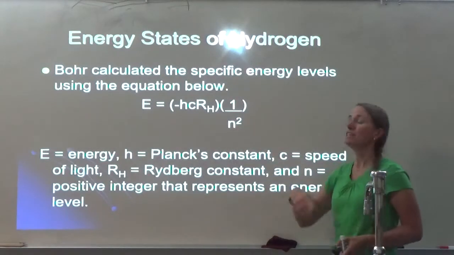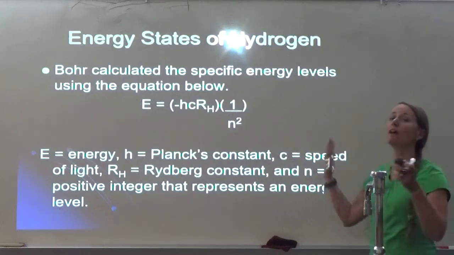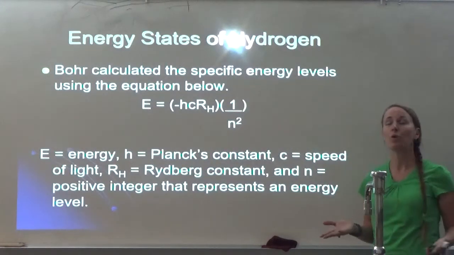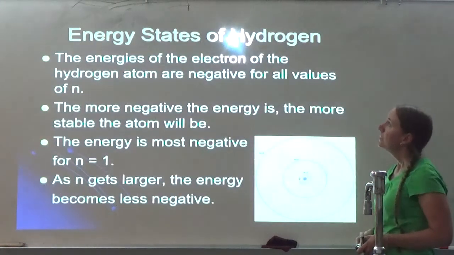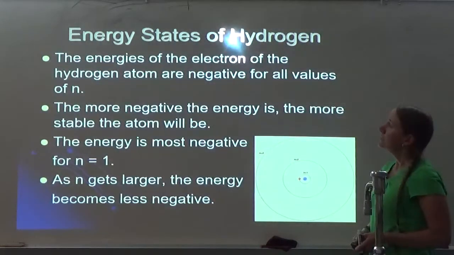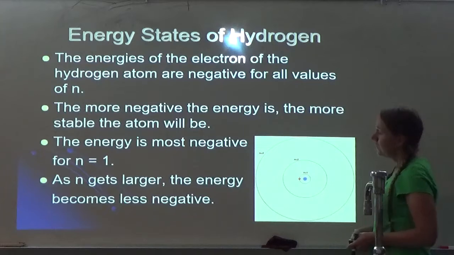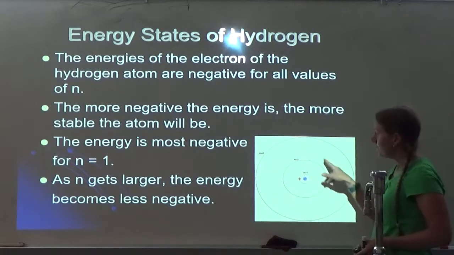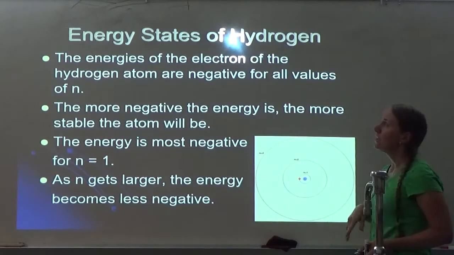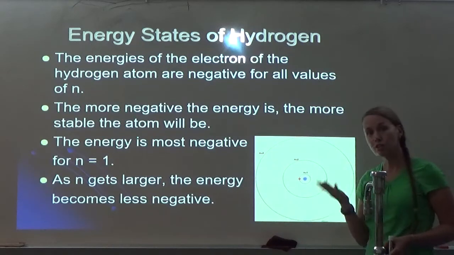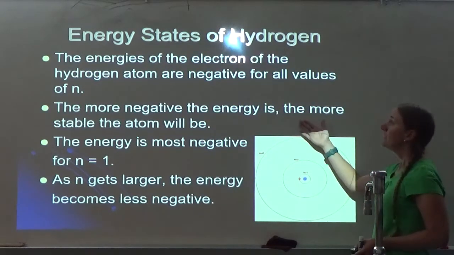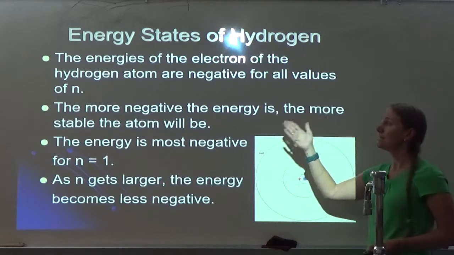When you see n, it's just referring to energy level, because that's what n is in quantum numbers also. The energies of an electron of the hydrogen atom are negative for all values of n. Every energy level that the electron is on has a negative energy associated with it. The more negative the energy is, the more stable the atom is.